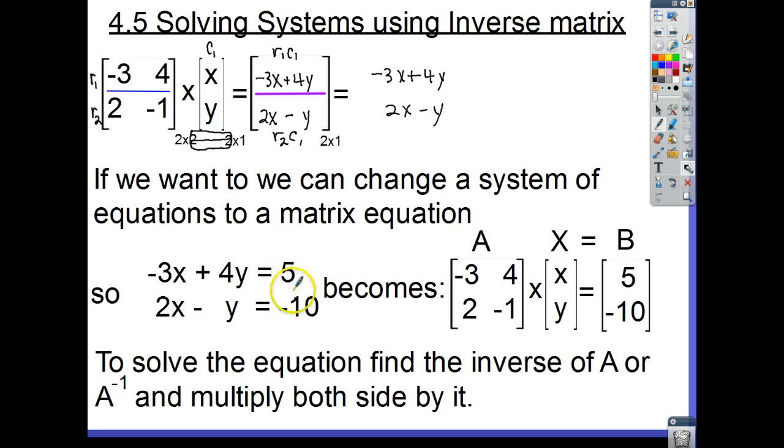And then we take the constants over here and we just make a column matrix out of them, and I'll call that B. So this thing can be represented by A times x equals B, and then to solve it, we want to find the inverse of A and multiply both sides by it. So I do that in the next screen. Let's look.